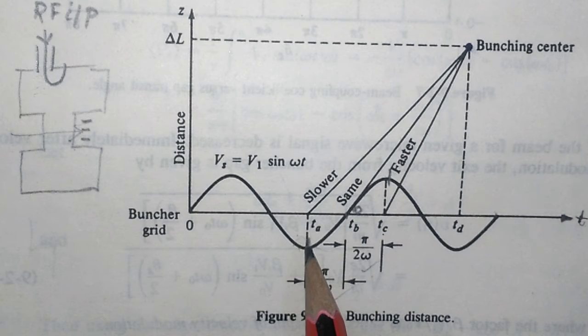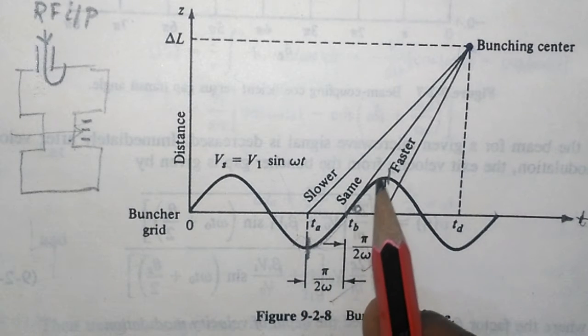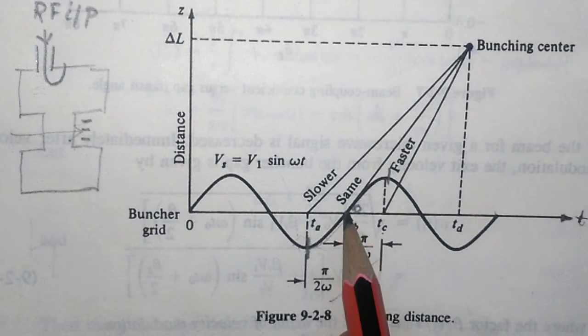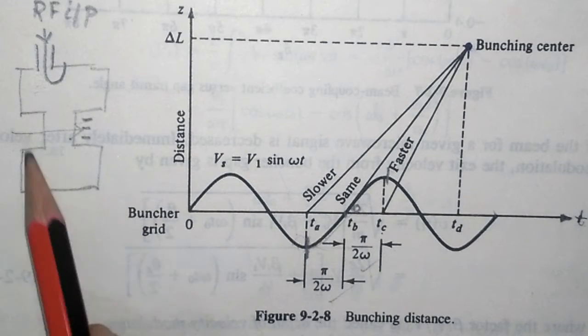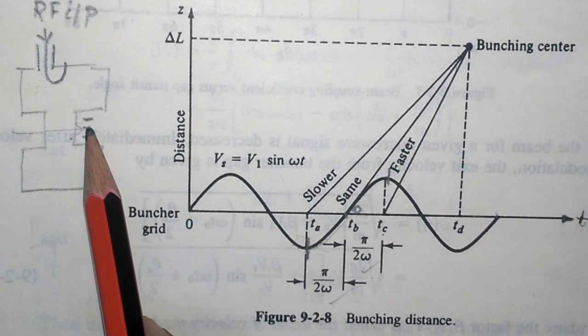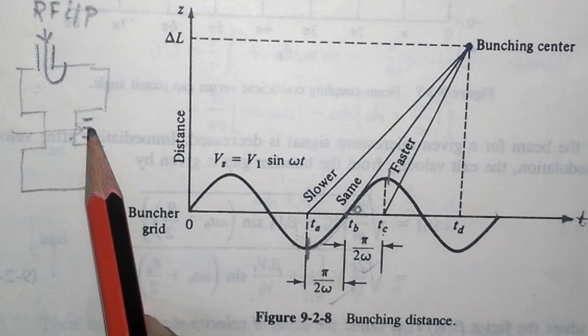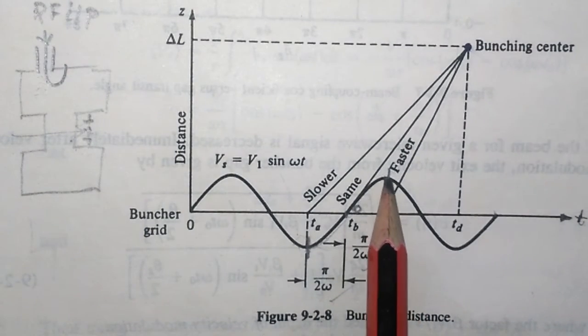Now, how is the voltage changing? The voltage is going from negative to positive. When the voltage, or the potential difference, becomes zero, the electrons cross this gap without a change in velocity. Now when you look at the positive peak, what happens?